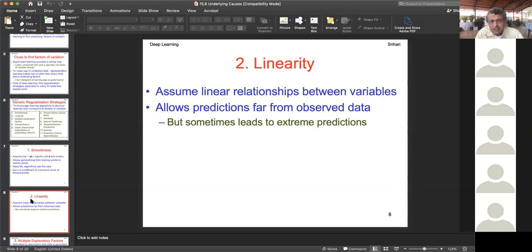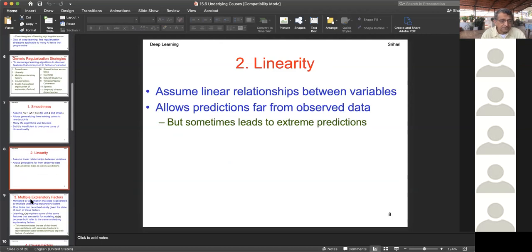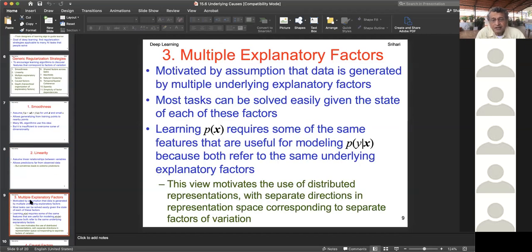Linearity assumes a linear relationship between variables, which allows predictions far from the observed data, but sometimes leads to extreme predictions. The concept of linearity is something that can be used. Multiple explanatory factors means that we are dealing with data generated by multiple underlying explanatory factors.